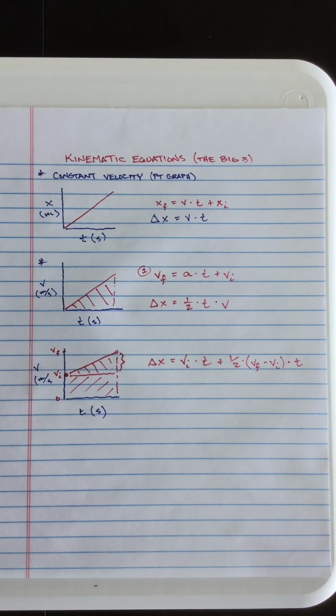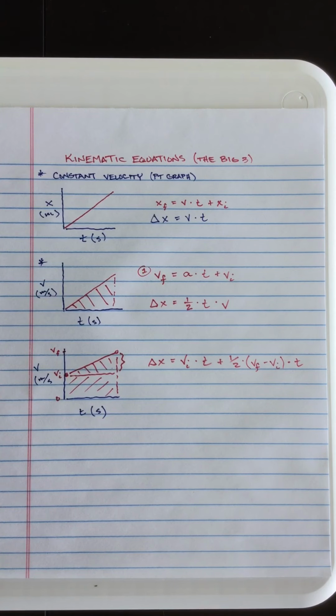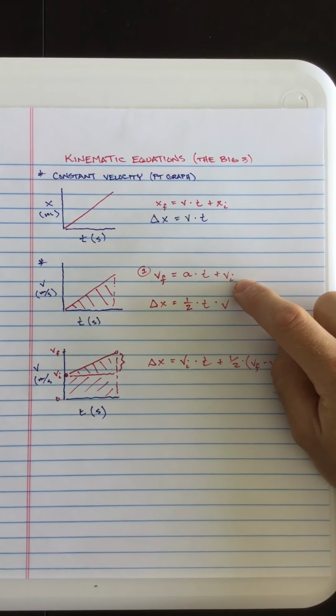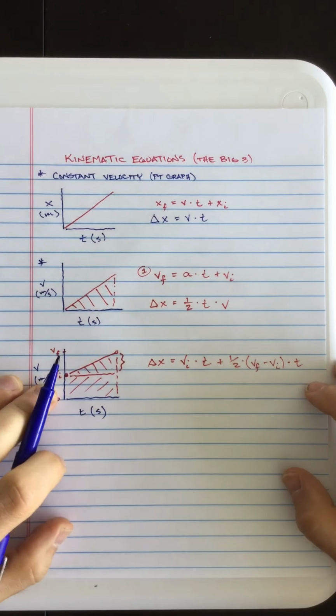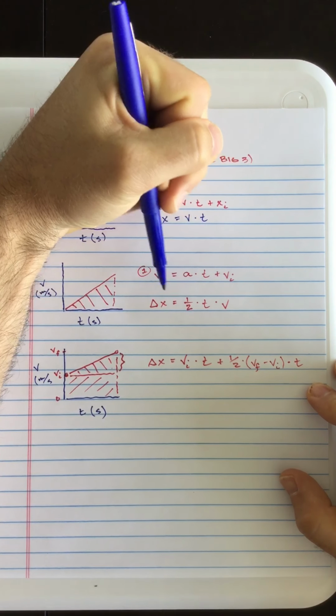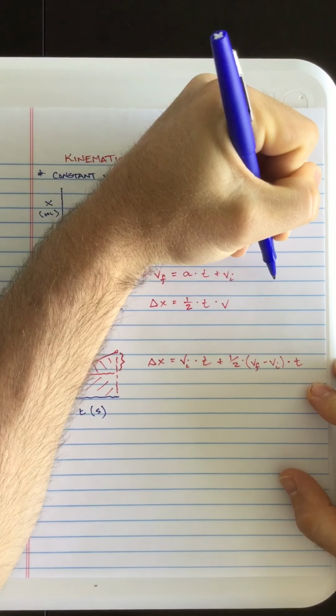The problem is, though, I don't see explicitly, I don't see acceleration in it anywhere. Okay, so I'm going to show you guys a little trick. If I basically took this equation right here, which I'll try to do to the side so you don't get confused, if I basically subtracted vi to the other side, I would then have vf minus vi.